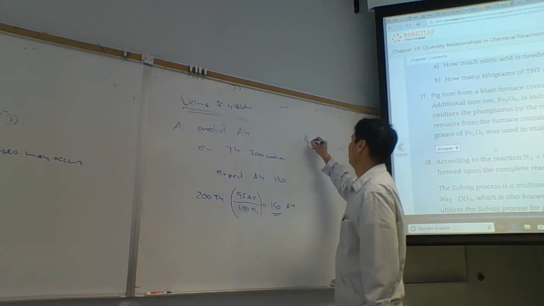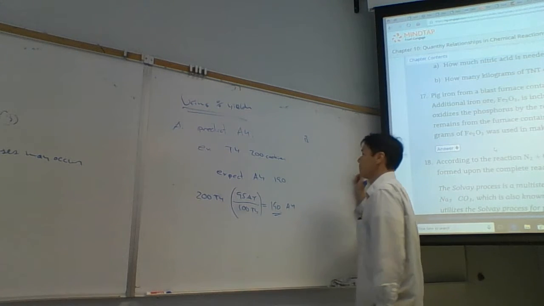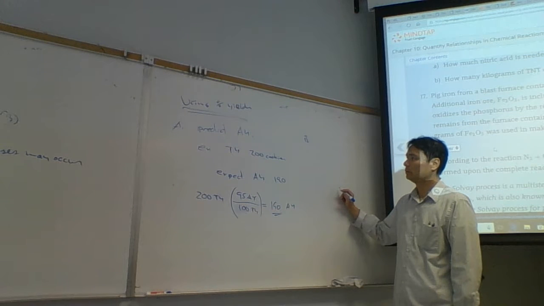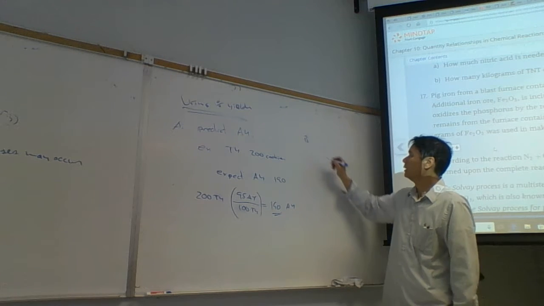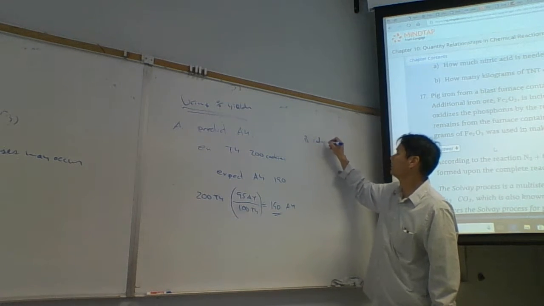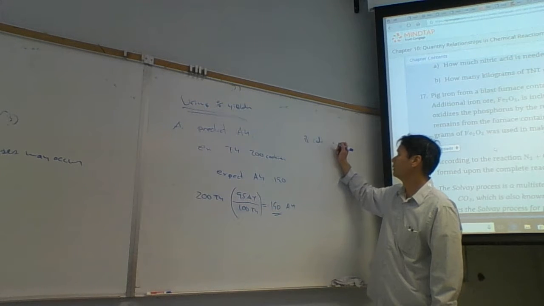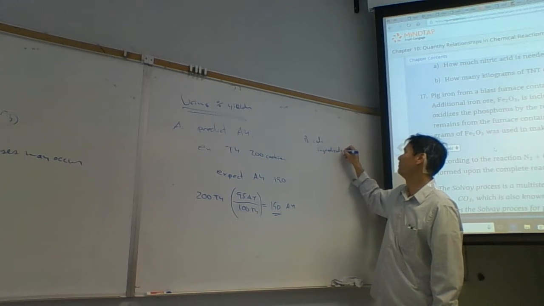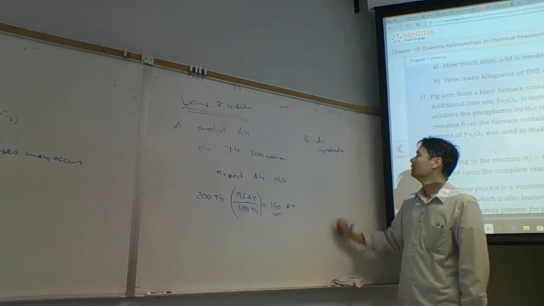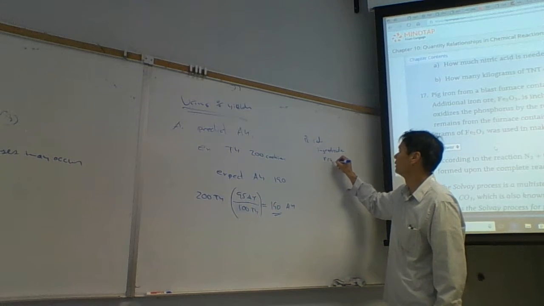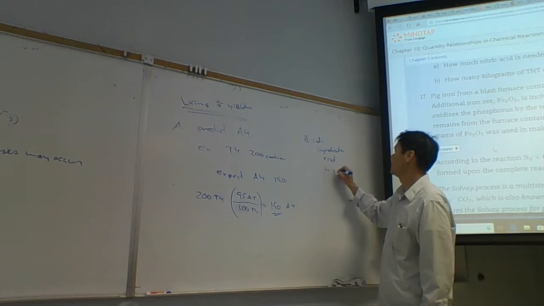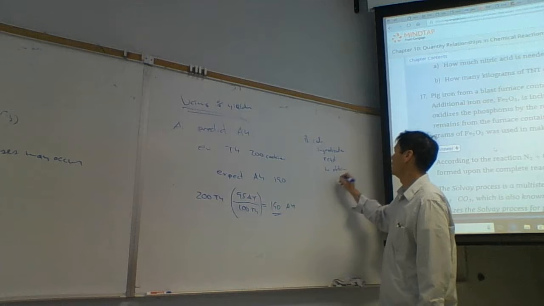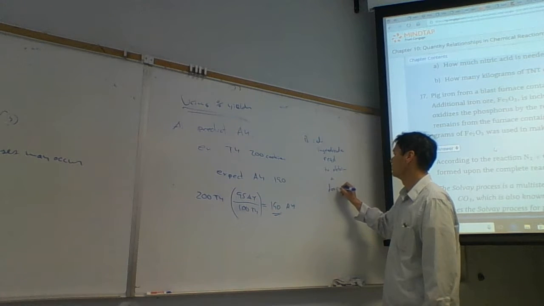Or B is to calculate the ingredients required. In other words, the ingredients required to obtain a desired actual yield.